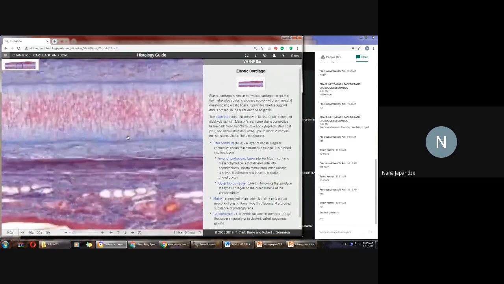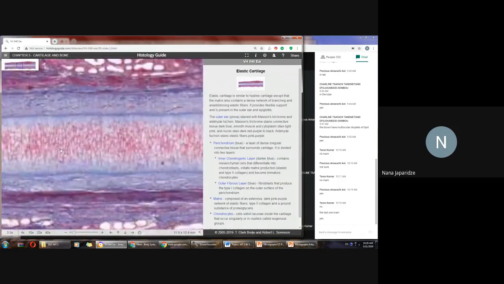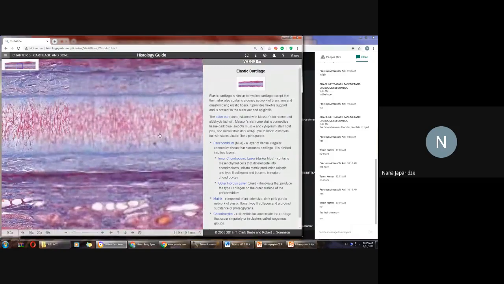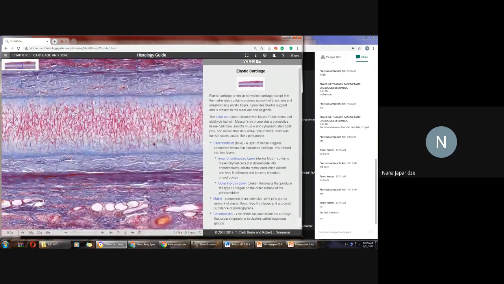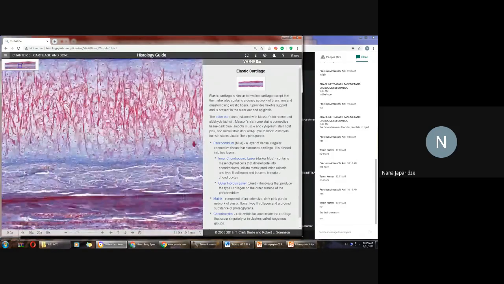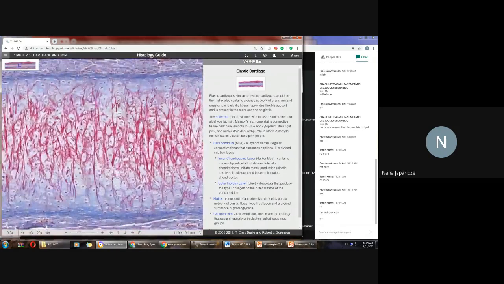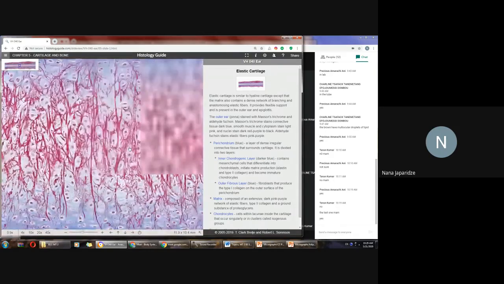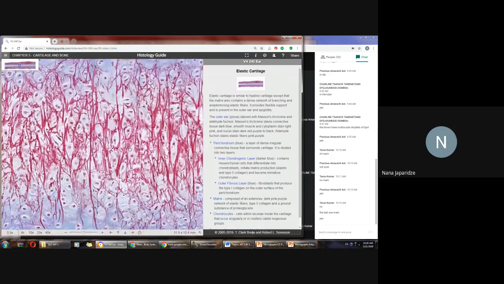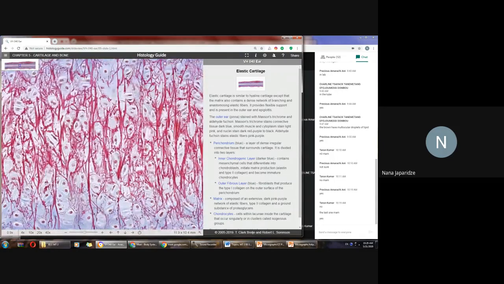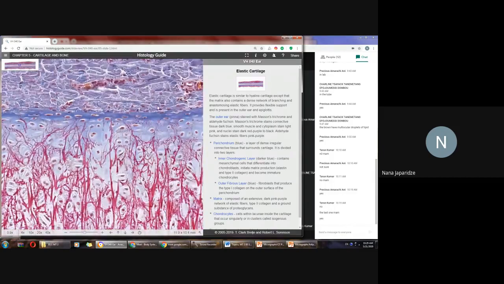And what we have in the extracellular matrix are elastic fibers. Look, red stained elastic fibers. Okay, these are chondrocytes. Elastic cartilage has the perichondrium too.